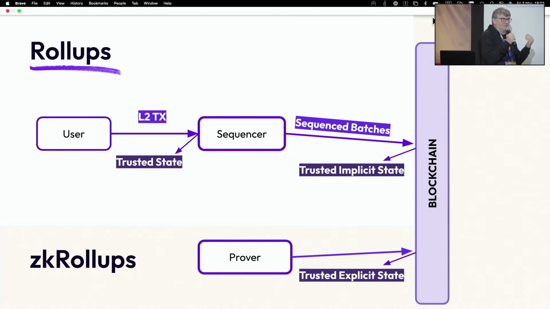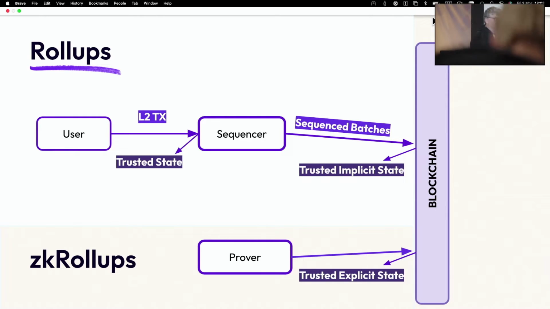So the first stage is you will send this transaction to a sequencer. In this case, at the beginning, it's going to be a centralized sequencer, like most of the rollups right now. This centralized sequencer will give you already a trusted state. This state is final as far as you trust this centralized sequencer. So this is the first stage.